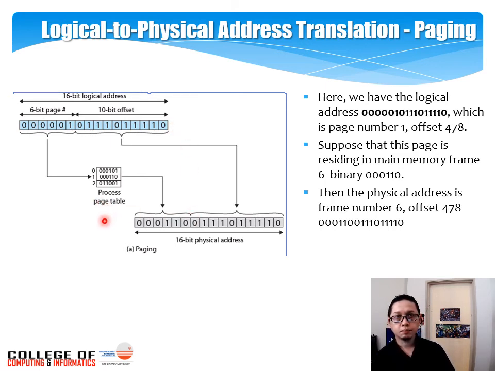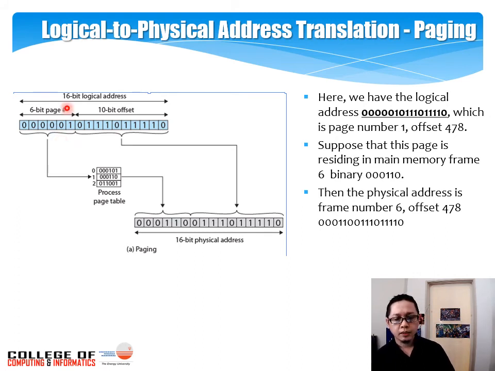So now we have the process page table. We first break apart the logical address, but you must have the page bit information first. Usually it will tell you whether the first 4 bits, the first 6 bits, or the first 8 bits are used as the page number. In this example, we are using a 6-bit page number.